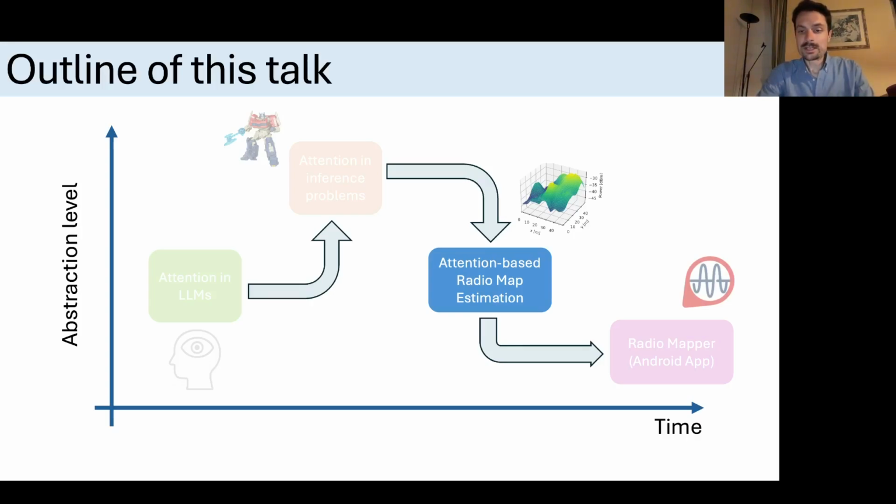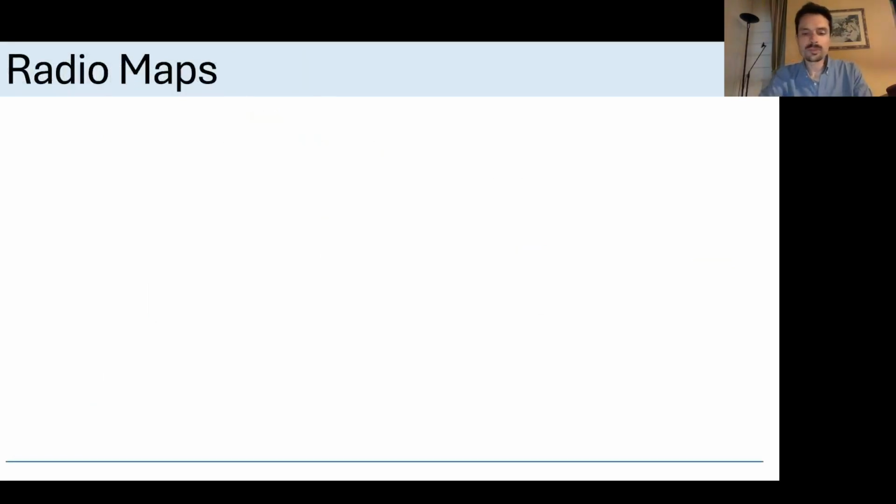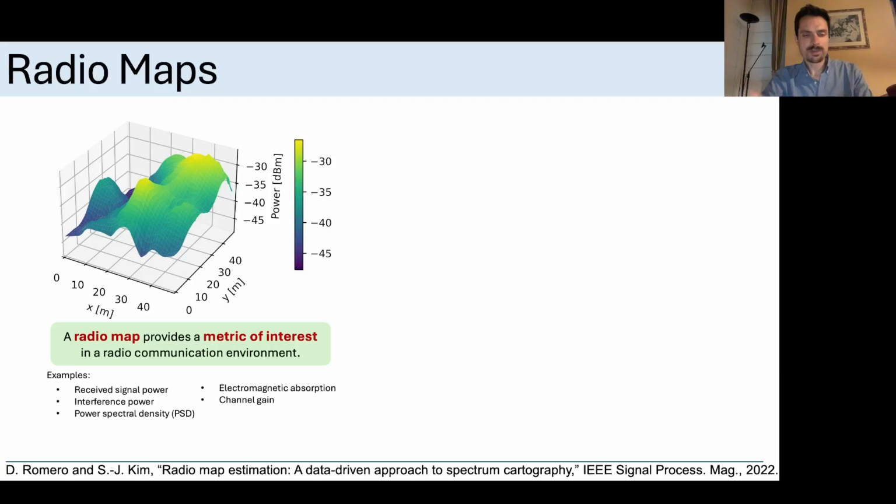In particular, I will now briefly explain a radio map estimator that we presented 2-3 weeks ago at ICC in Montreal. So let me start by providing some background information about the problem that we address in this paper. The paper is about radio maps. So what is a radio map?